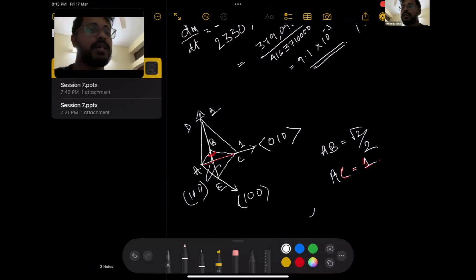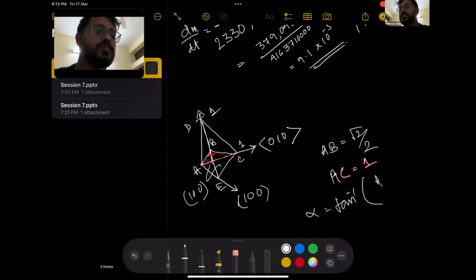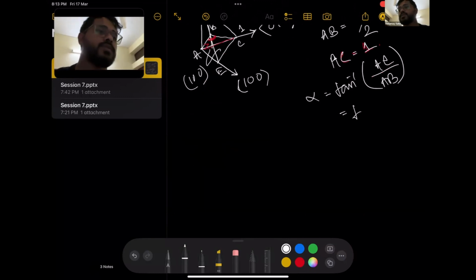So what is the angle alpha between AB and AC? Because AB is perpendicular to AC, you can say that alpha is tan inverse of AC by AB, so that becomes tan inverse of 1 by root 2 by 2. How much does that become?